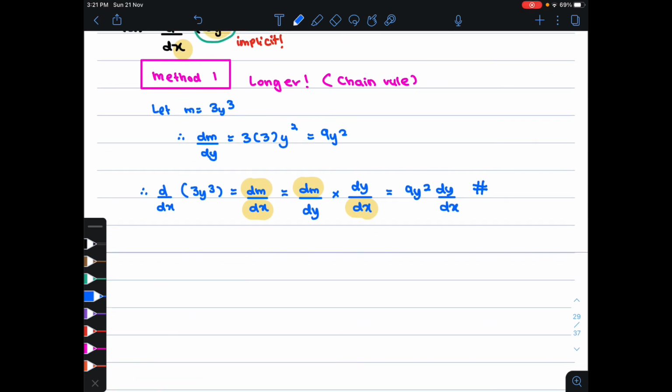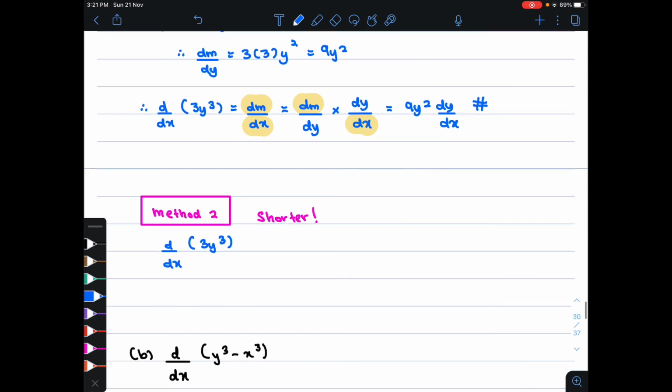There's actually a shorter method. We want to differentiate 3y cubed with respect to x. Since this is y, but here is x, we know that this is implicit. So what you're going to do is just straightforwardly differentiate 3y cubed. Just imagine this is x. So if you differentiate 3x cubed, you'll get 9x squared.